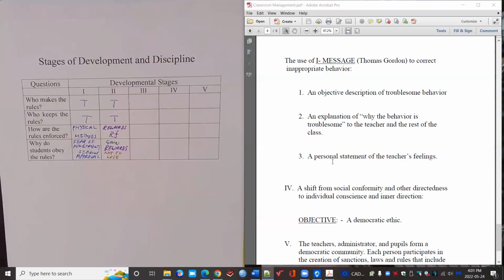Okay. Then a personal statement of the teacher's feeling here, rather than an objective description, here, a personal statement. Okay, for example, I feel frustrated trying to listen to two people at once. All right.